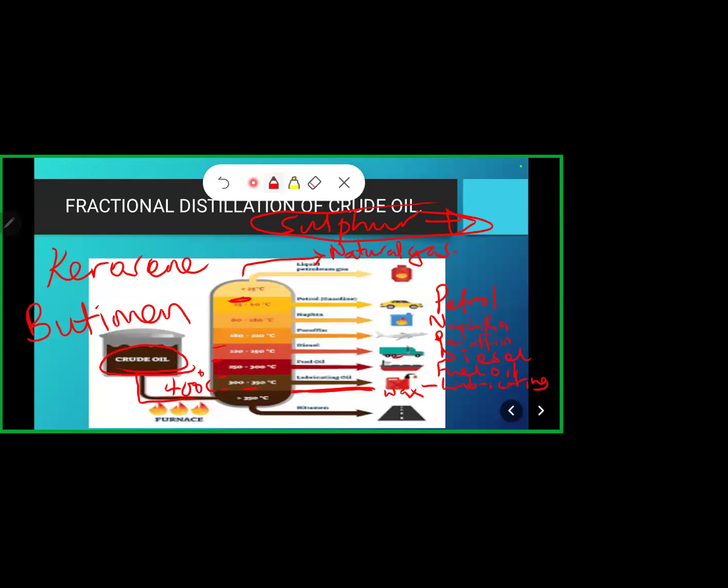So you realize that those are the different uses of wax and bitumen. Someone asked me to repeat the procedure of how to explain fractional distillation, and that's what I'm going to do, though I'm going to go through it very fast.